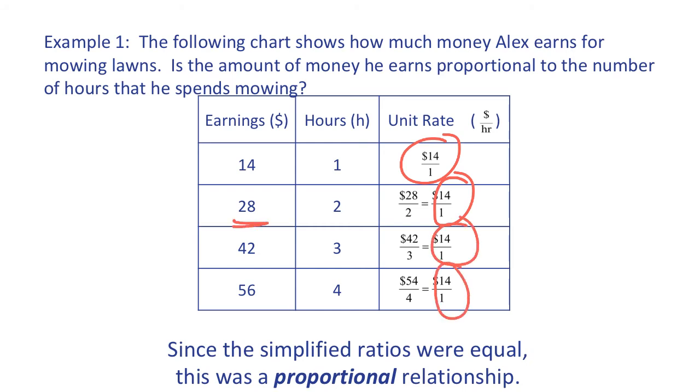It doesn't matter if it's 28 and 2, 42 and 3, 56 and 4. That combination shows that the result will always be $14, which is the unit rate, $14 per hour. Since the simplified ratios were equal, this was a proportional relationship.